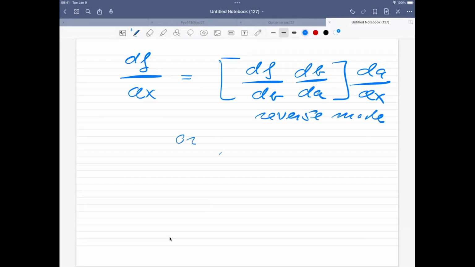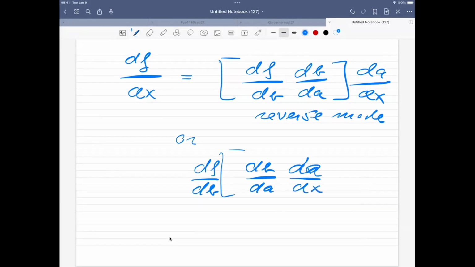Or I have my df/db with db/da, and da/dx. And this is called a forward mode. So it depends on where you start evaluating the derivatives.